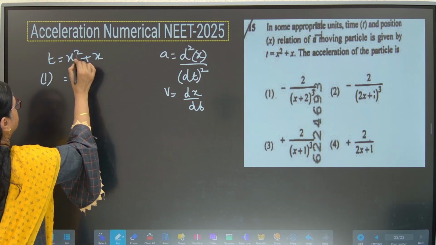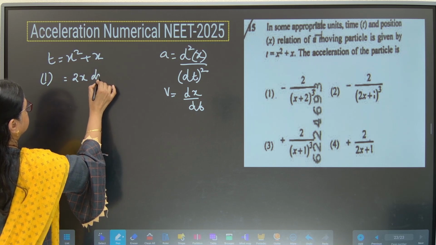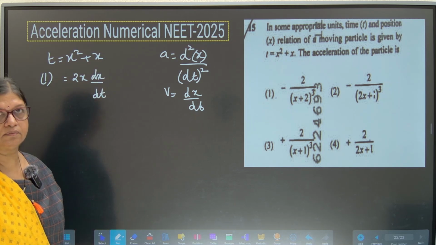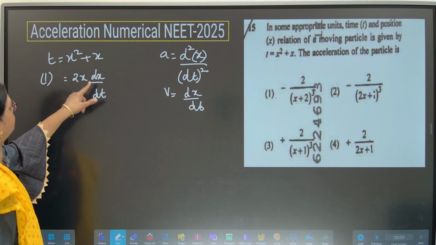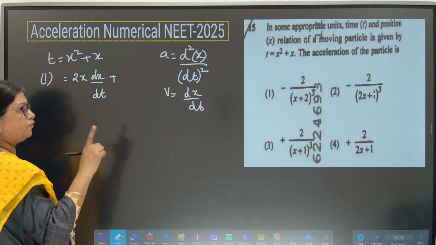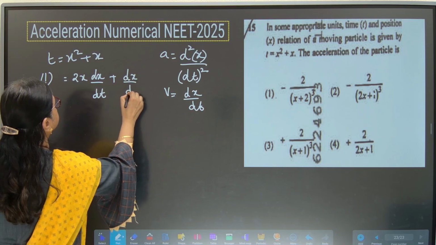What is differentiation of x square? 2x dx by dt. Agreed? Plus differentiation of x with respect to time, which is again 1 dx by dt.